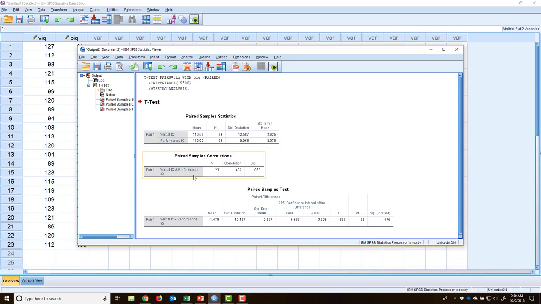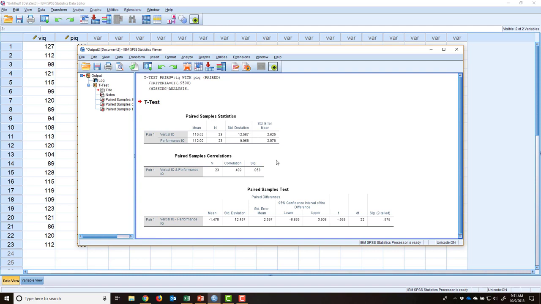Okay, so looking at the next thing here, we have a correlation. Remember, in our independent samples t-test, we looked at Levene's test of equal variances, because we needed to make sure that both of our groups had a similar within-groups variance, so that we were measuring the same thing and could actually compare them to each other.